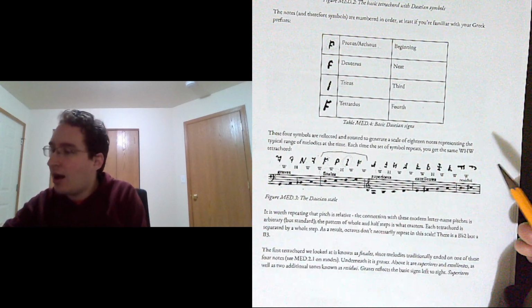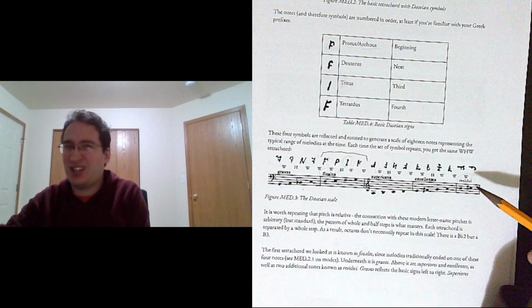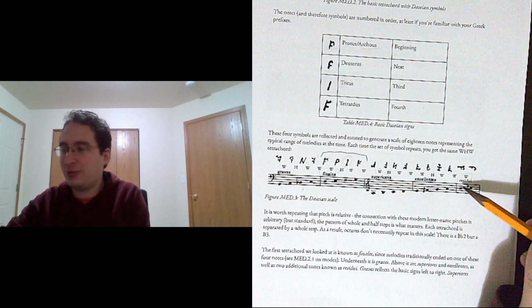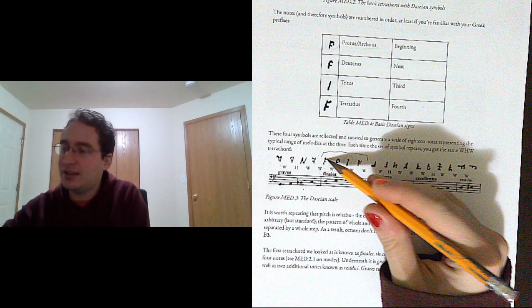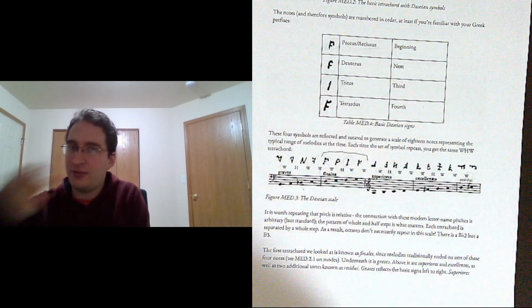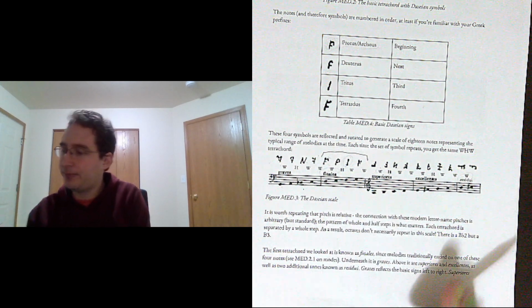Okay. And then finally, we have residui, these kind of extra residual notes. It's not a full tetrachord. We just got to stick a couple up top just in case we need them. And in this case, we kind of knock them over horizontally, these first two symbols.